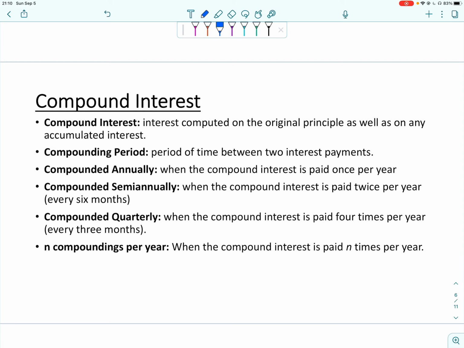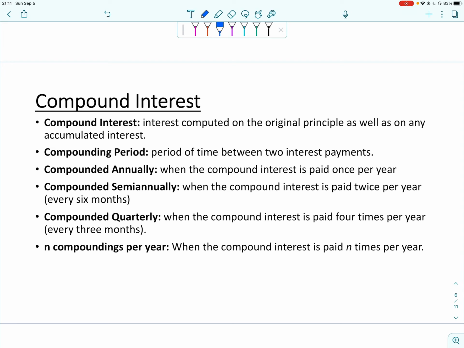So a compounding period is the period of time between two interest payments, or between when you earn interest on your account, if it's in like a savings account or something like that. So if it's compounded annually, the compounded interest is paid once per year.